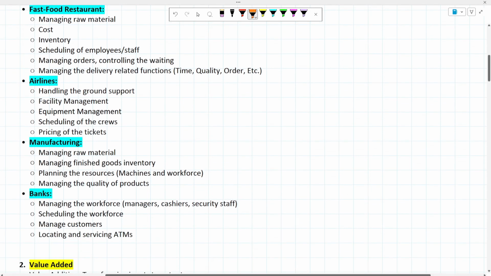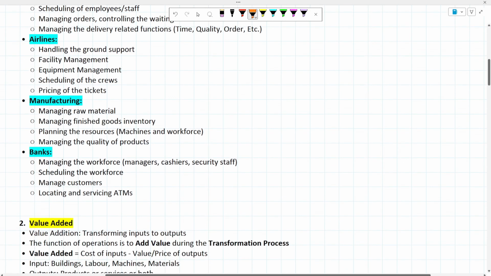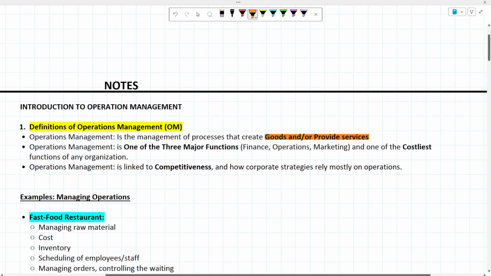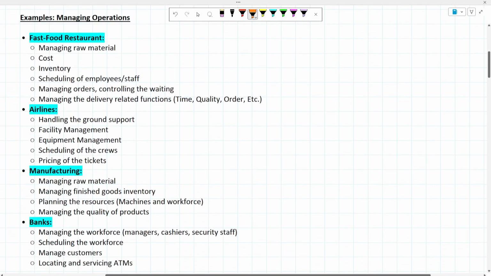Manufacturing: managing raw material, managing finished goods inventory, planning the resources such as machines and workforce, managing the quality of the products themselves. Banks: managing the workforce such as managers, cashiers, security staff, scheduling the workforce, managing customers, locating and servicing ATMs. So that's it for defining operations management.